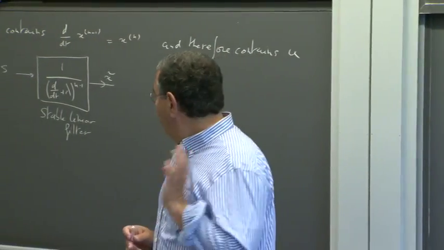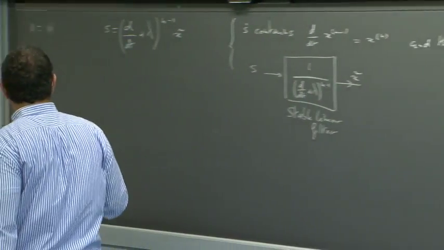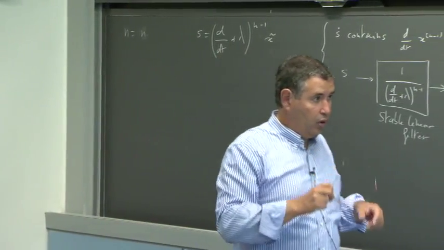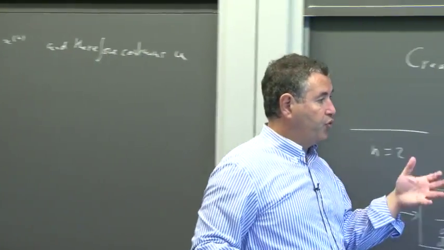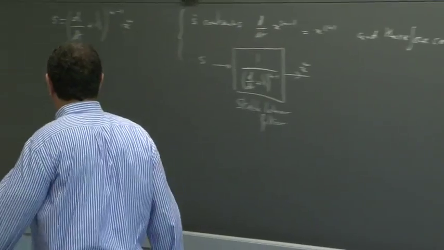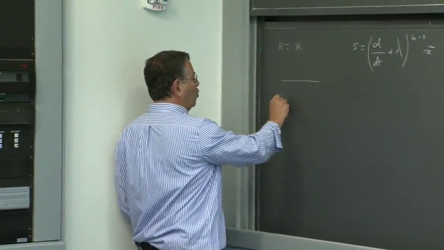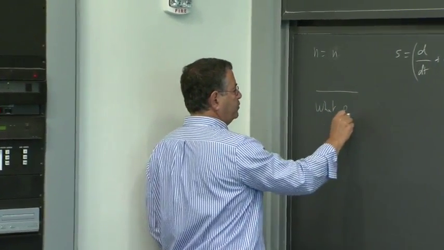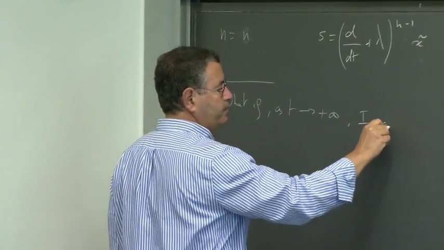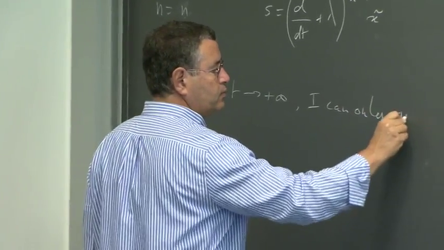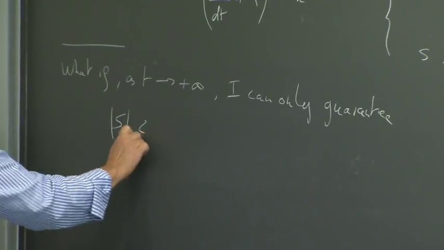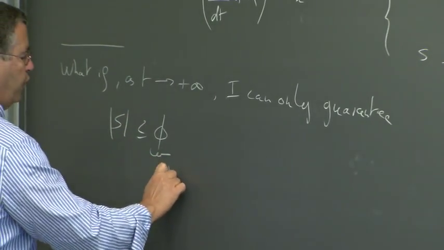We can push the analogy a little more, in terms of going from nth order to first order, by wondering what if as t tends to infinity, I can only guarantee the absolute value of s less than some constant phi.